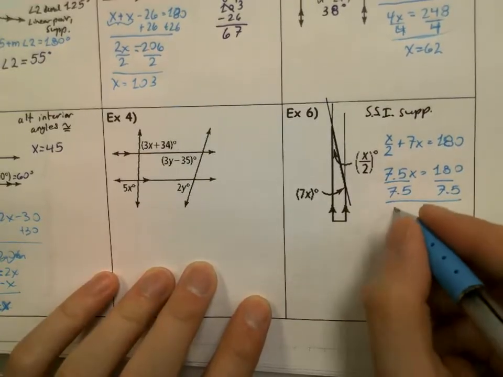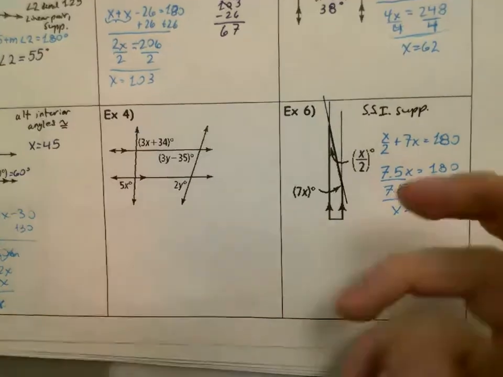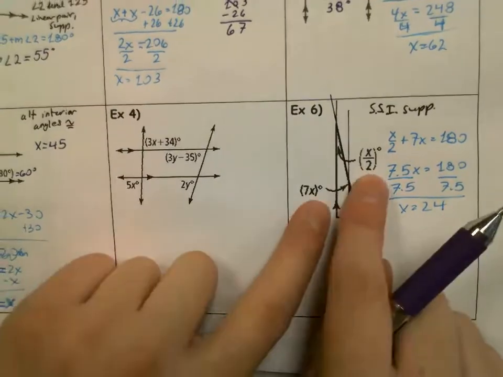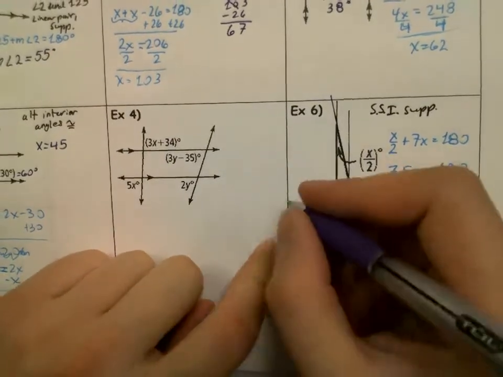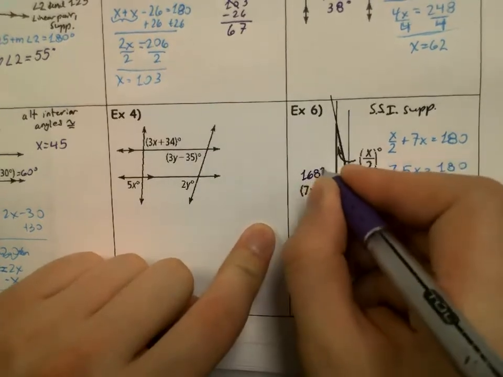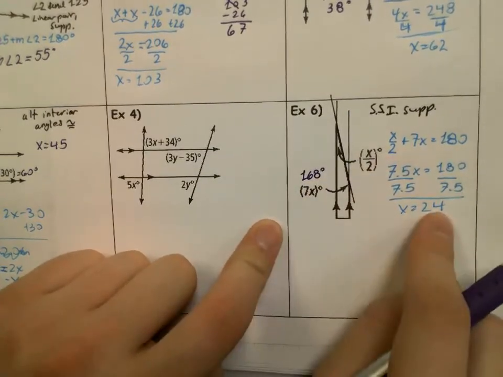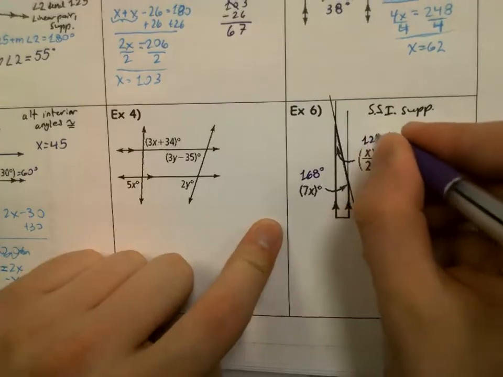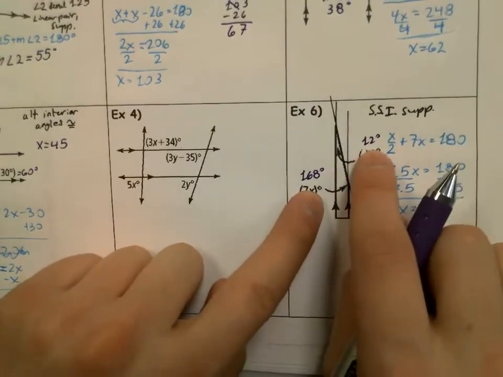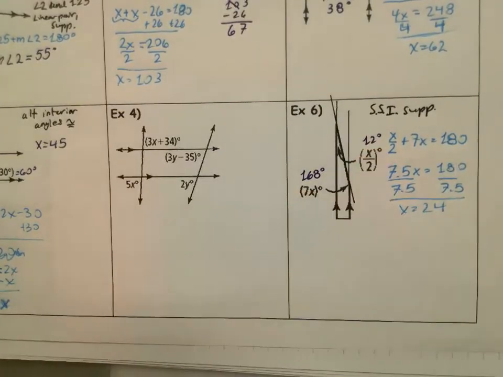You should get x equals 24. Plugging 24 back into these, 7 times 24 is 168, and 24 divided by 2 is 12. If you add these two angles together, you will get 180. And that's how you can check it.